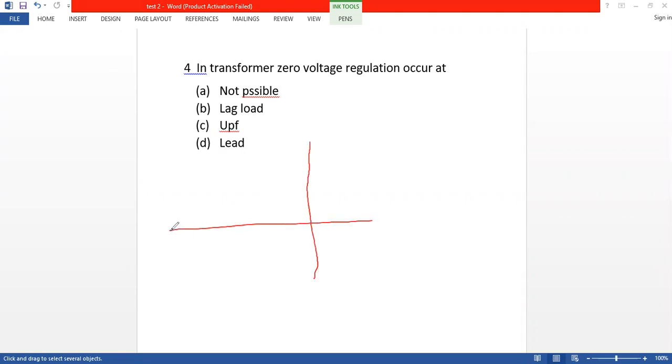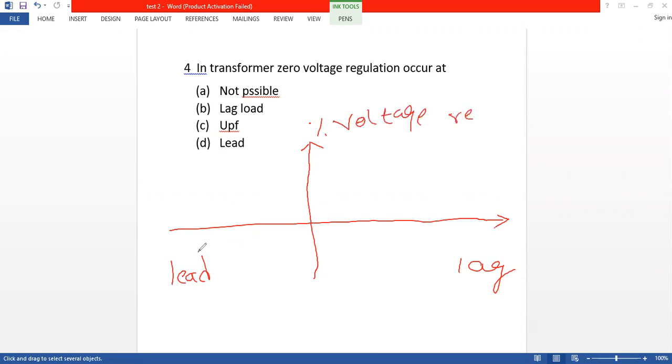If you draw the graph of voltage regulation, this is for lag type of load, this is for lead type of load. Here is the percentage voltage regulation.